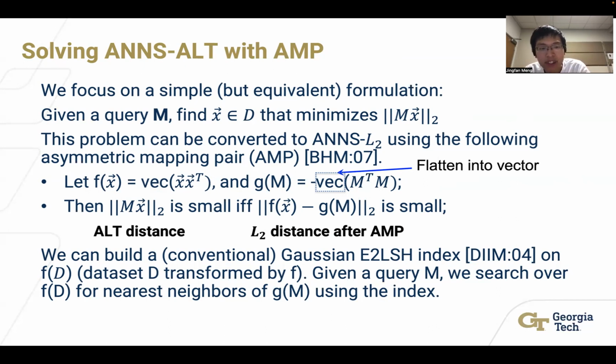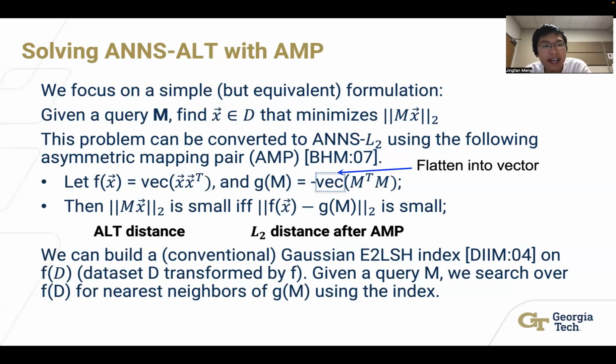So the idea is that we can convert ANS-ALT to ANS-L2 using an asymmetric mapping pair, or AMP. This is proposed in this work. And the AMP is actually like this.